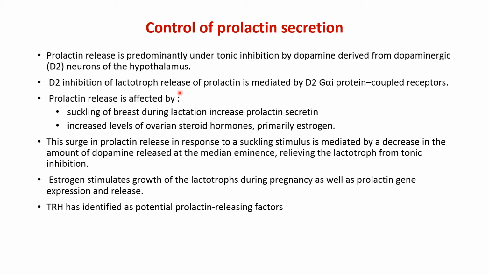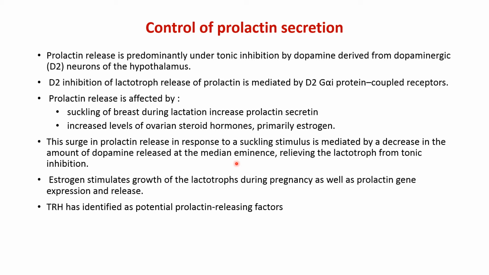As I said, the primary stimulus for the release of prolactin is suckling of the breast during lactation, and increased levels of steroid hormone, primarily estrogen, during pregnancy. The neuronal reflex of prolactin secretion is basically mediated by the degree of the tonic inhibition of dopamine on lactotrophs.